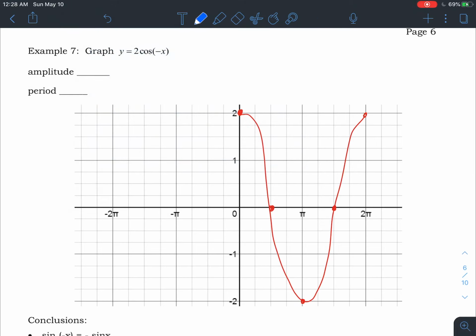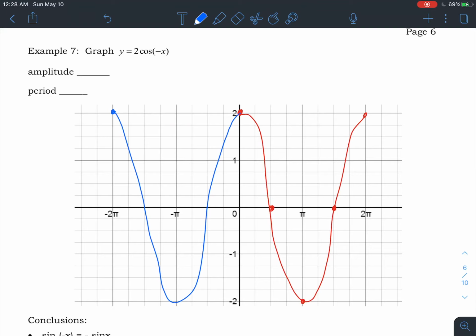So now if I reflected this horizontally, it's going to still start at 2. I go down to 0, down to negative 2, up to 0, and at positive 2. So you can see it's still the same wave. The cycle didn't break at all. It didn't change directions. That's still a continuation of the original one.